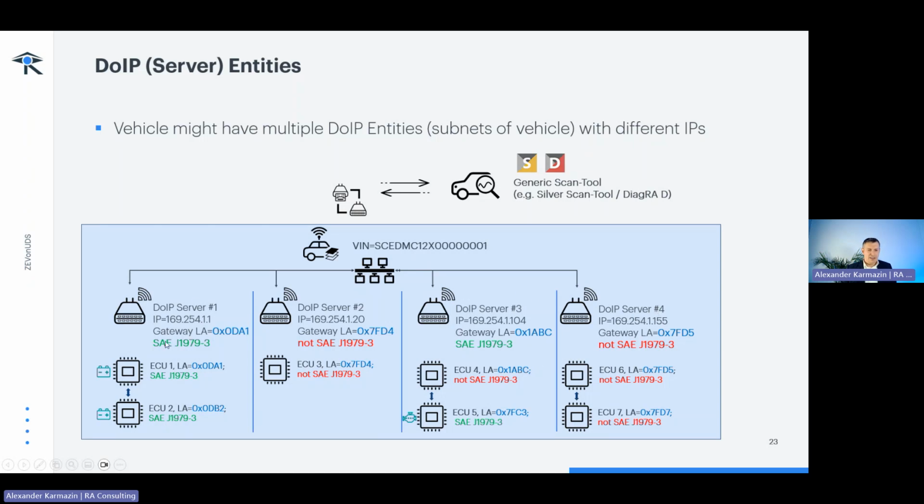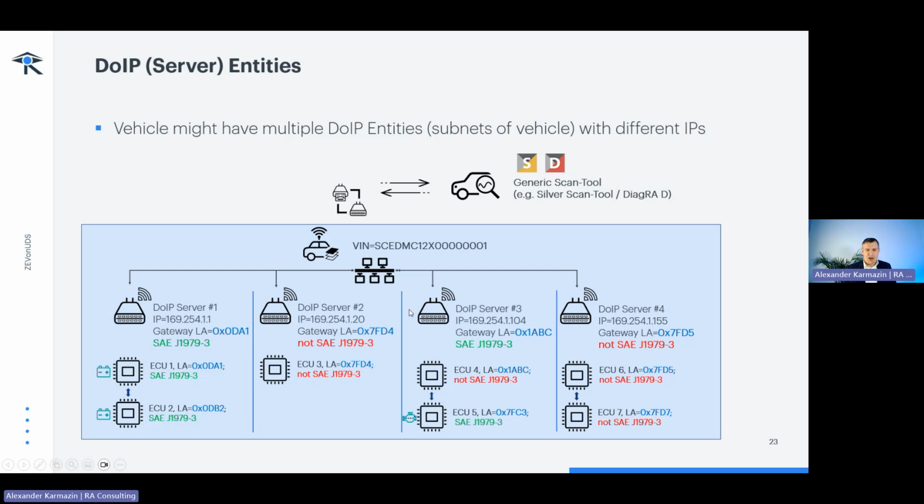Behind these DoIP servers, there might be a couple of different ECUs accessible over the DoIP server, and some of these ECUs might support ZEVonUDS, some might not, like ECU number 4 here. This is to be determined by the scan tool, and based on that result, we will talk to these ECUs or not. This is how DoIP works.